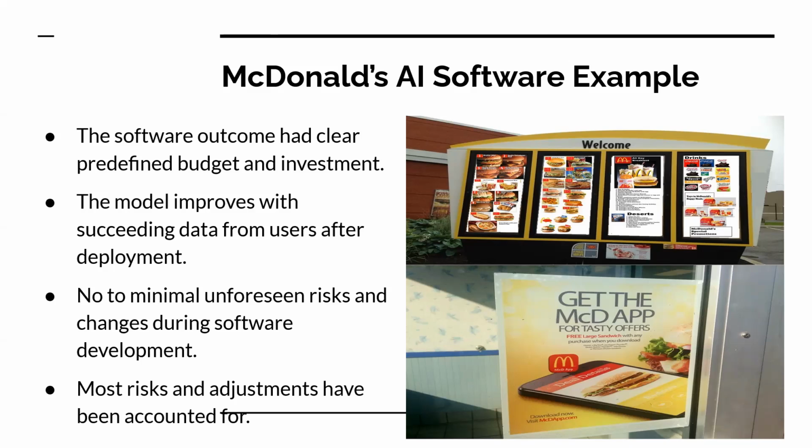McDonald's Corporation set an initial budget of $8 billion in 2018 to implement AI software in its operations. This included the acquisition of AI firm Dynamic Yield and the rollout of digital kiosks, digital drive-through boards, and mobile applications to support the new AI ecosystem.